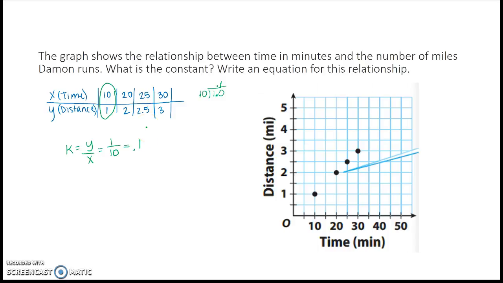So we need to write it as an equation. When we write an equation, it is y equals kx. So y equals, you can do it as a decimal or fraction, 1/10 x. All right?